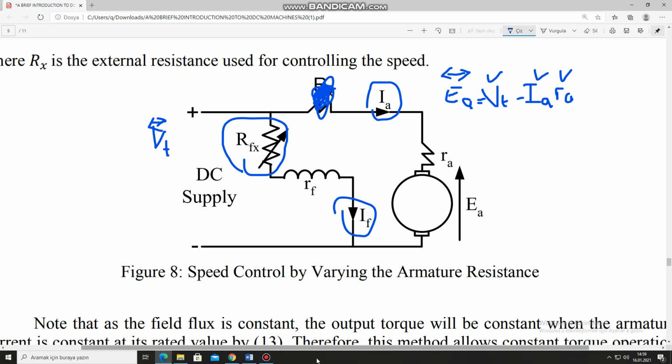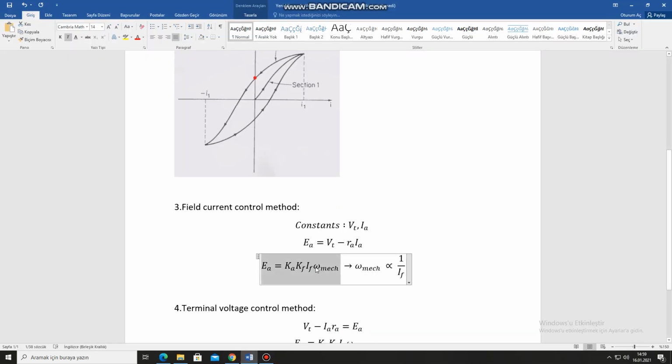Since K_A and K_F are constant and also E_A is constant, increasing the field current I_F means we need to decrease omega mechanical, because E_A is constant.